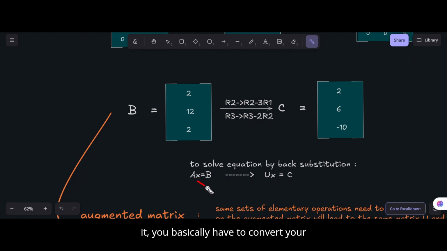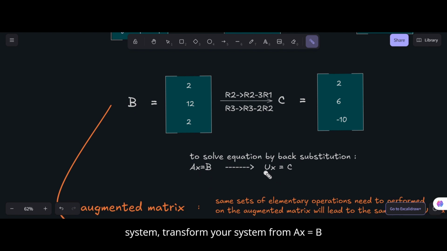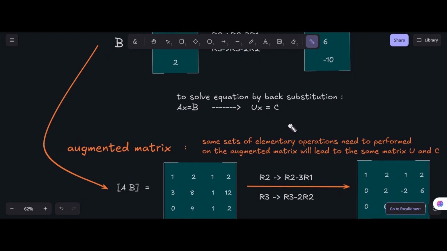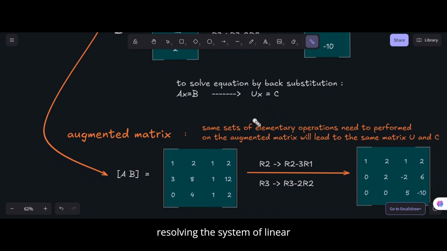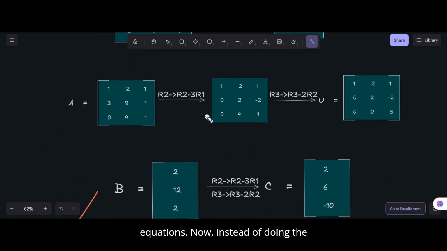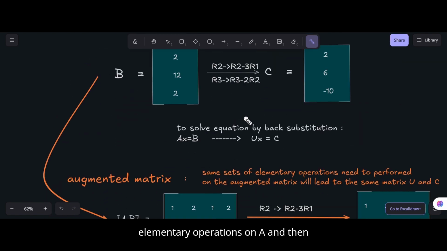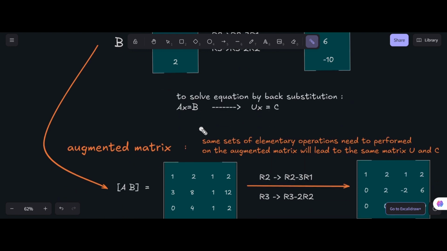To simplify it, you basically have to transform your system from Ax equals B to Ux equals C for resolving the system of linear equations. Now instead of doing the tedious job of first performing the elementary operations on A and then on B, what we can do is augment our matrices.